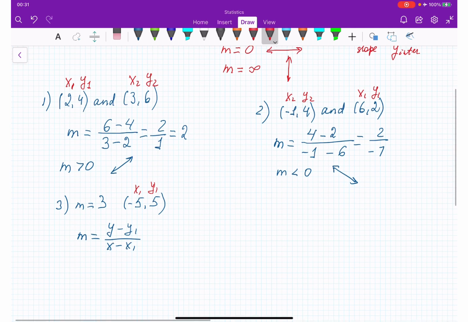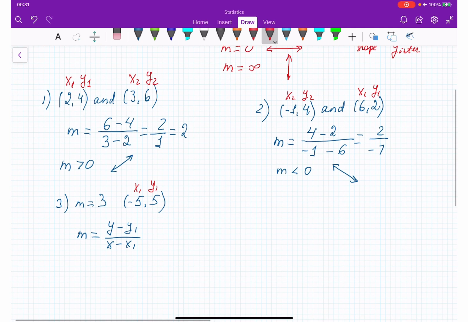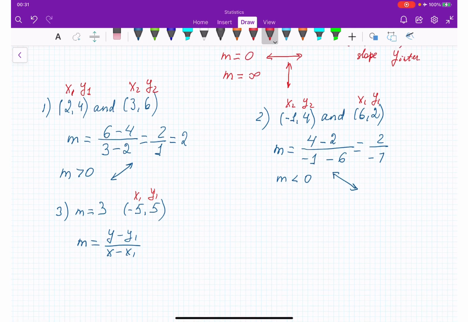Okay, so from here, since we have an equation with x minus x1 in the denominator, to get rid of the denominator I multiply by x minus x1, and the same change to the numerator.